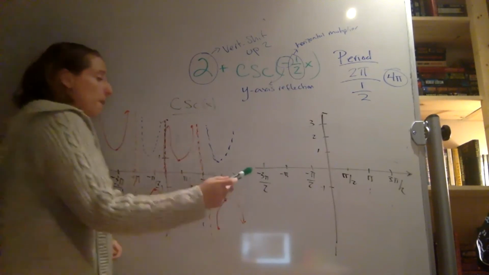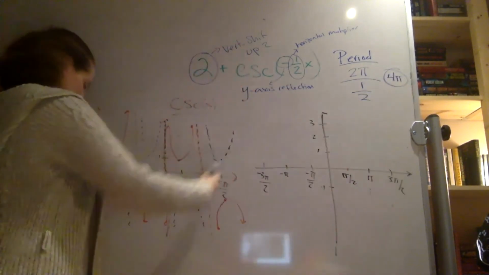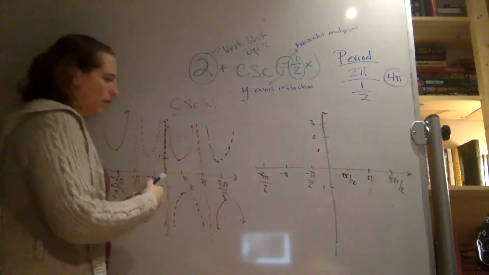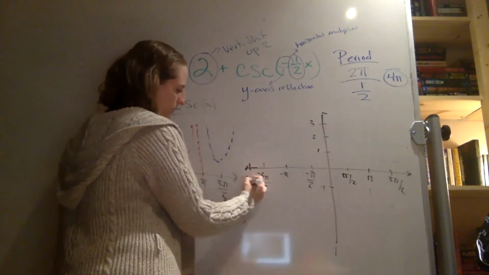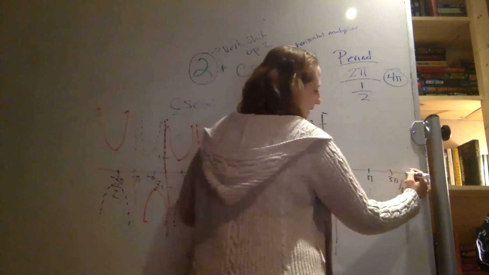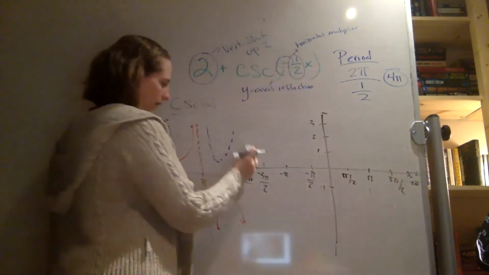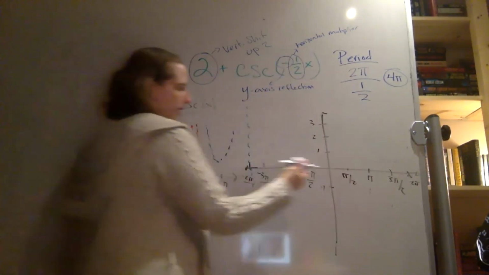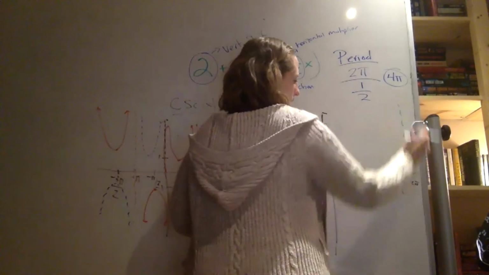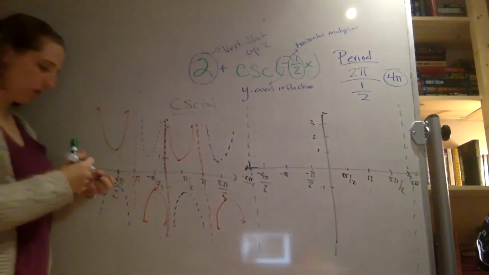How do I know? I know that because my period is 4 pi. So I've got to expand this. Here is negative 2 pi, and over here will be 2 pi. And that's going to be our new period. Our graph is going to have a period that goes from negative 2 pi to 2 pi, so that encompasses 4 total pi in the period.